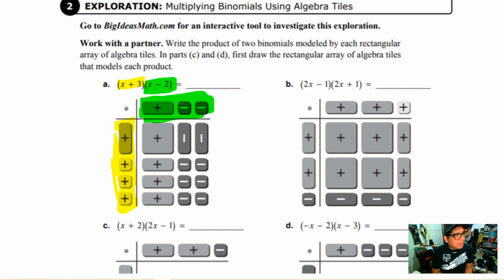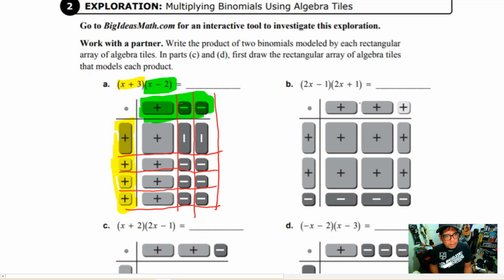But the thing I want you to notice is when you multiply this, look what happens here. These divisions kind of stay in the same place. In between the tiles is the thing that I look for, and if I look in between the tiles, I actually get the correct shapes. And that's kind of fun too. Look at this one. We've got 2x minus 1, here it is, and then a 2x and a plus 1.